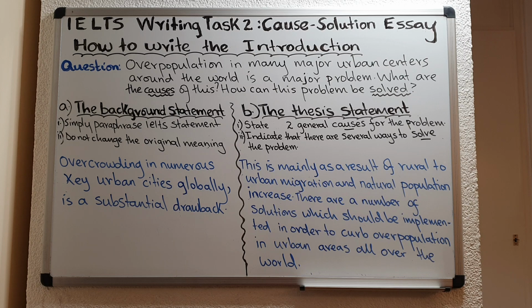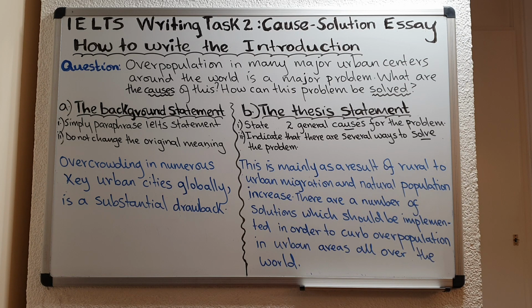After you have done that, ensure that you do not change the original meaning. So all you have to do is rewrite the question statement that is right there with you in the exam room, but remember not to change the original meaning. So how do you do that? Let's look at our question and do it together. Are you ready?